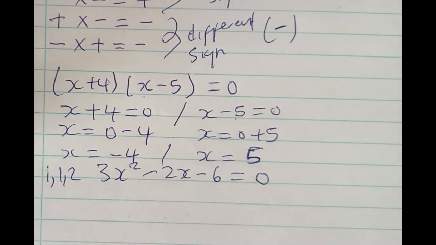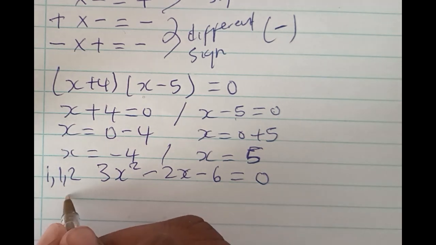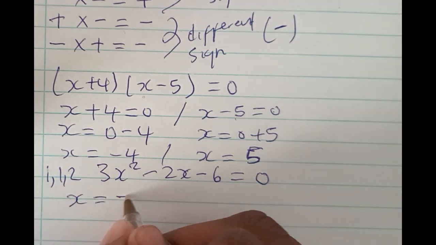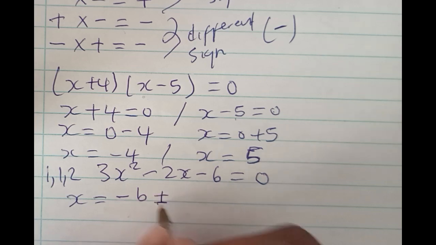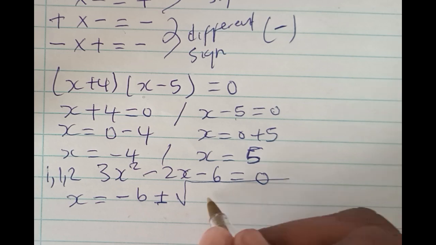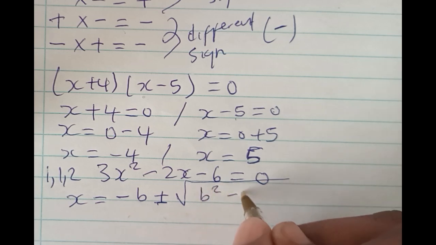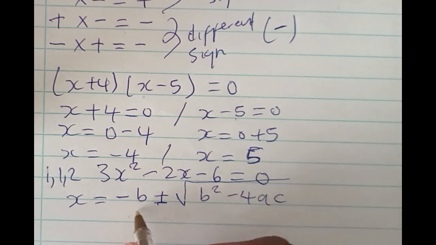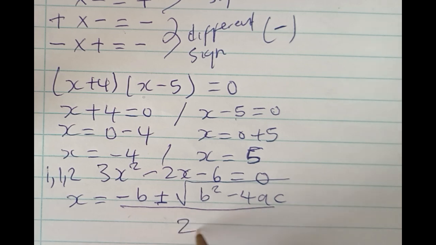So remember our formula. It's x is equal to minus b plus or minus, don't forget plus or minus, the square root of b squared minus 4ac, all over 2a. You see?